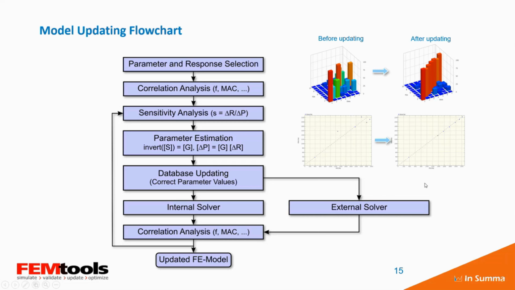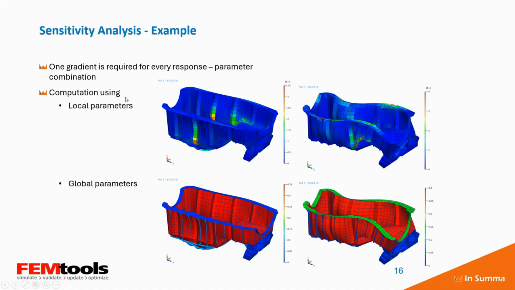We're using the Nastran solver, and then we come back with results to check the new correlation level, and then either conclude that the correlation is satisfactory and stop the process, or continue with additional iterations.